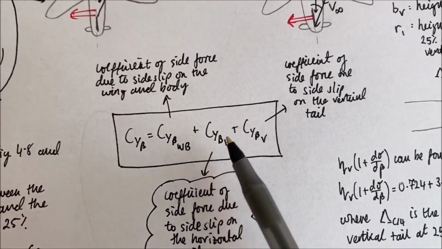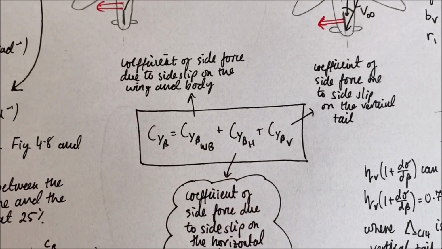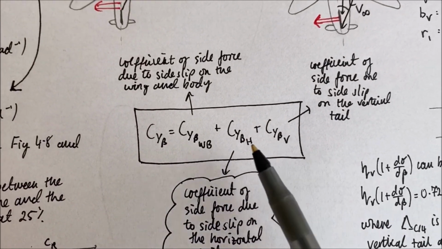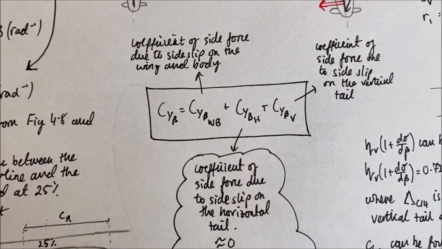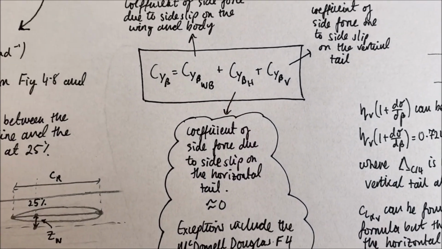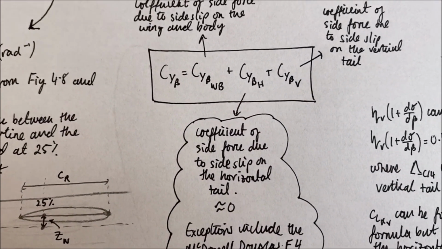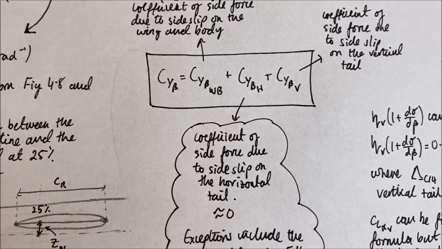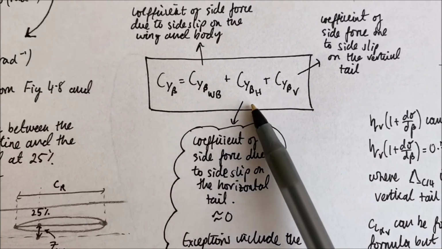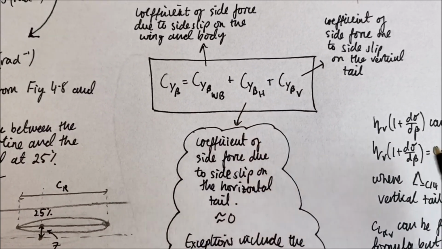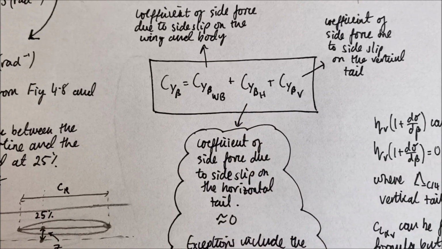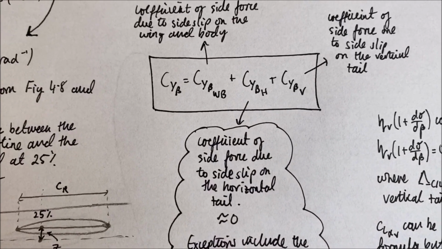The coefficient of side force due to side slip on the horizontal tail. We're going to assume that is negligible because you can imagine that the effect of side slip on the horizontal tail is going to be much smaller compared to that on the wing, for example.